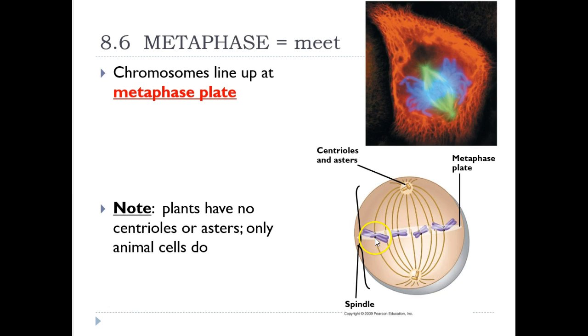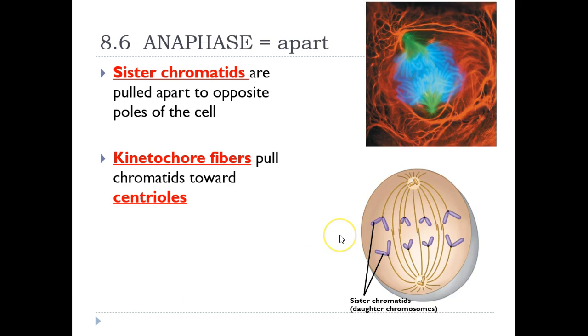Well, you could see that now the spindle fibers themselves have attached to that centromere. One's on this side, one's on this side. So the genetic material is lined up in the middle. The spindle fibers are on both sides, and eventually what's going to happen is we're going to go into anaphase.